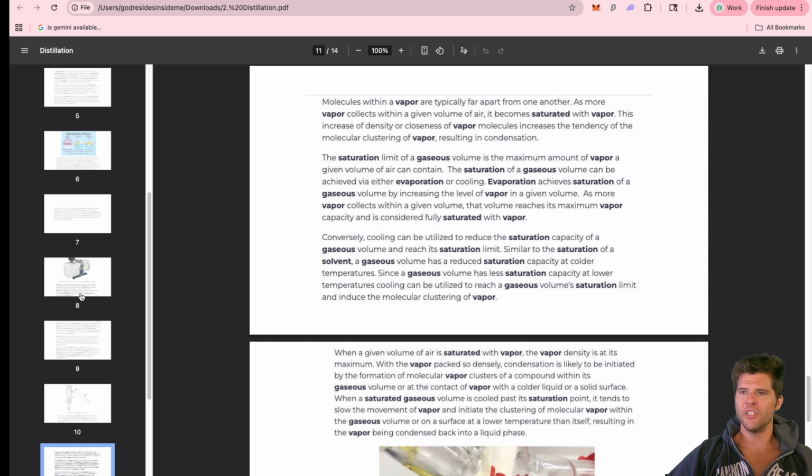The saturation limit of a gaseous volume is the maximum amount of a vapor a given volume of air can contain. The saturation of a gaseous volume can be achieved via either evaporation or cooling. Evaporation achieves saturation of a gaseous volume by increasing the level of vapor in a given volume. As more vapor collects within a given volume, that volume reaches its maximum vapor capacity and is considered fully saturated with vapor.